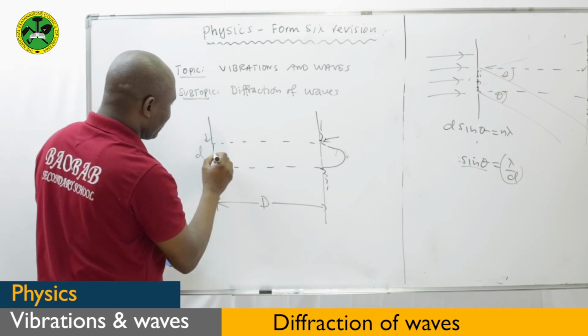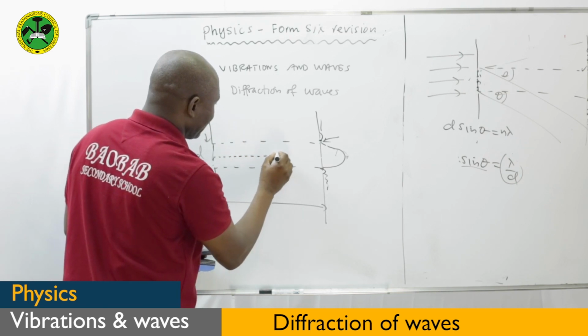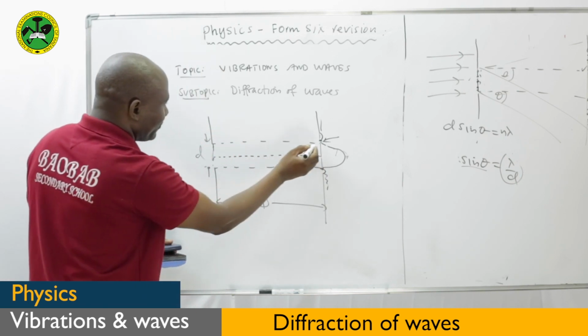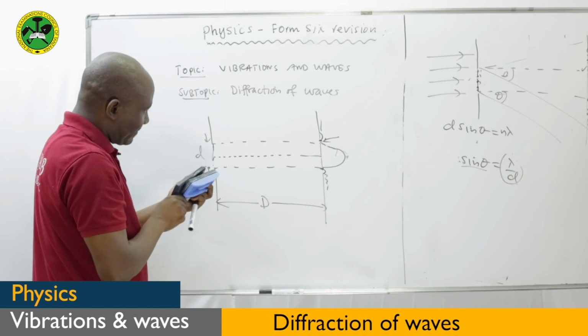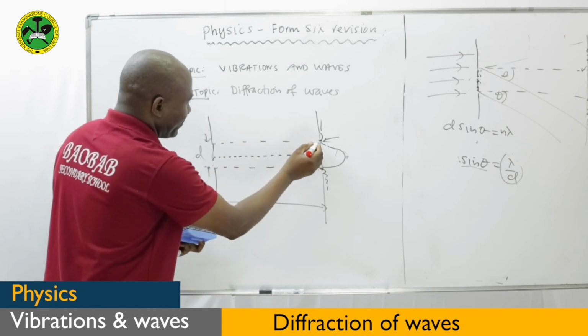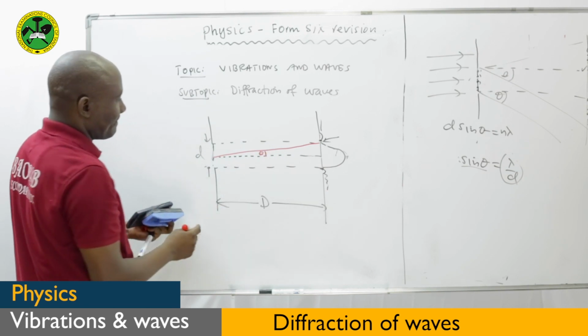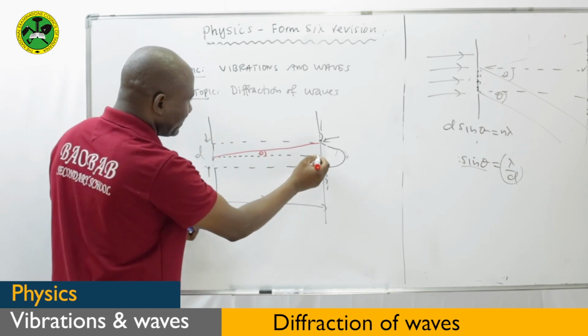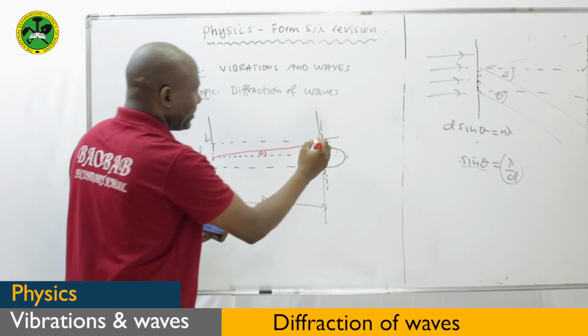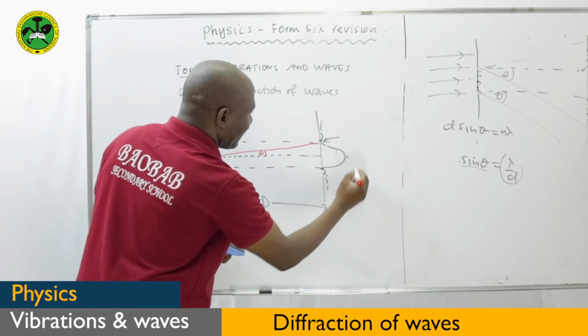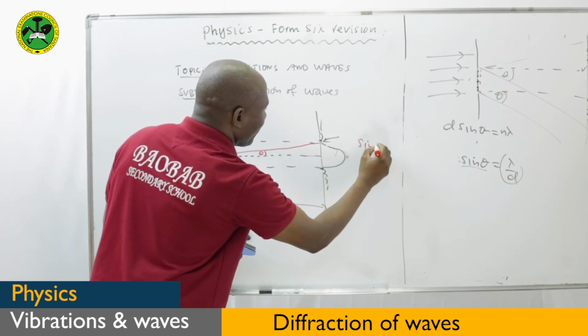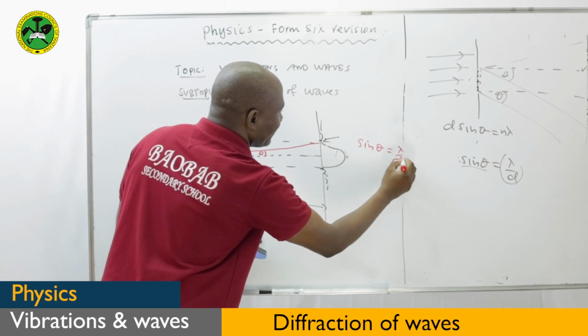So you can divide this half. If you draw the line from here, this is the angle theta. It deviates by how much? You say that d sine theta, the sine of this angle, equals lambda over d.